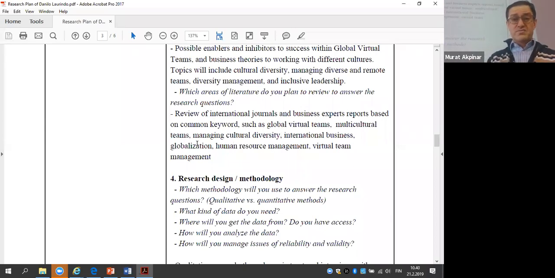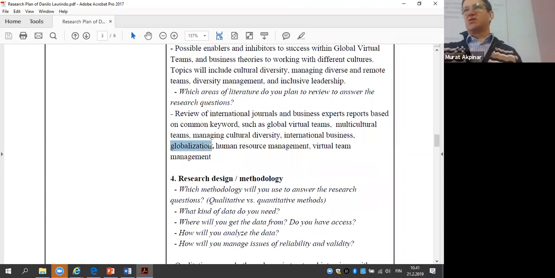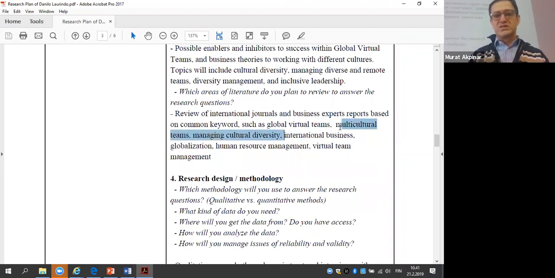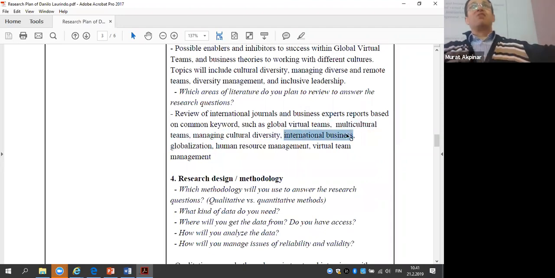If you start with a literature review on globalization, globalization covers so many things that this is not focused on the research questions. Likewise, when you write international business, that covers so many things. It's not focused on the research question.